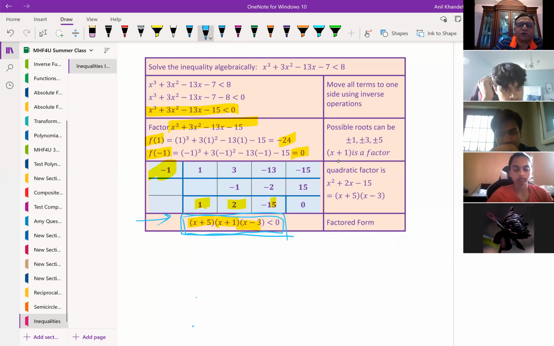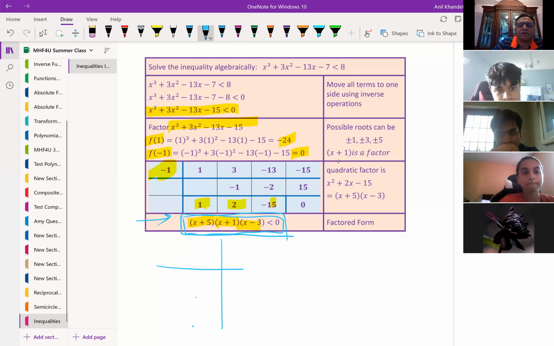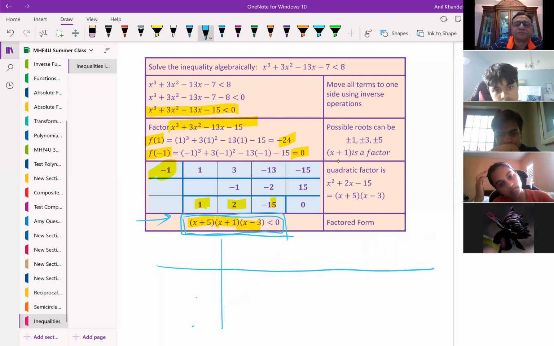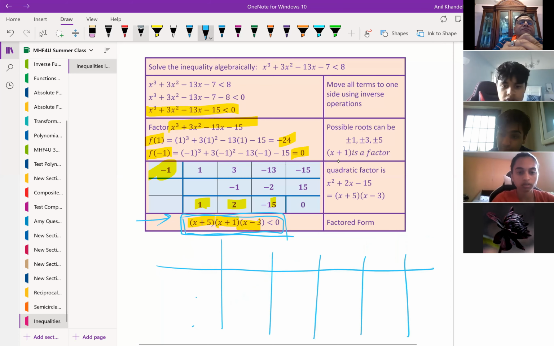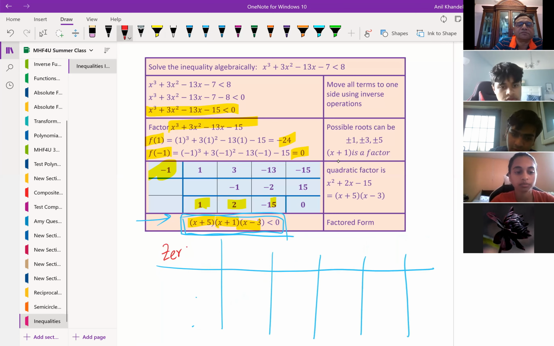Yes, with a chart. What will come in the chart? You have to write all the zeros. So the zeros are at -5, -1, and 3, correct?